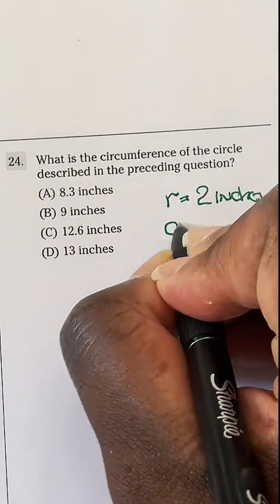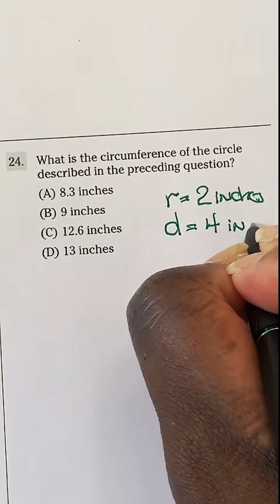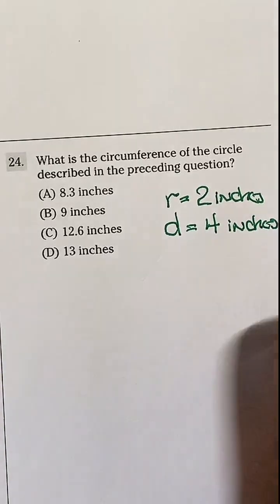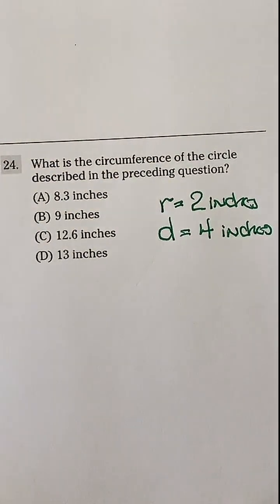So you either can use radius or you can use the diameter. What will be my circumference of the circle? Is it A, 8.3 inches, B, 9 inches, C, 12.6 inches, or D, 13 inches?